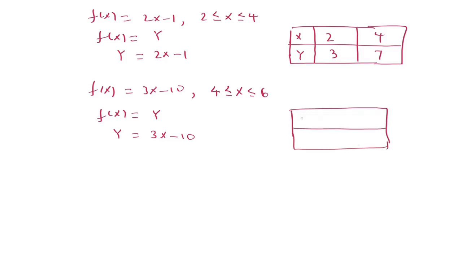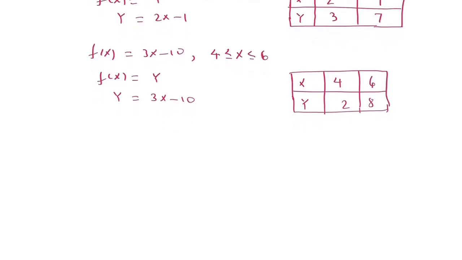So here we have x and here we have y. So the values here are 4 and 6 for x. Then we say when x equals 4, y is going to be 2. And then when x equals 6, y is going to be 8.